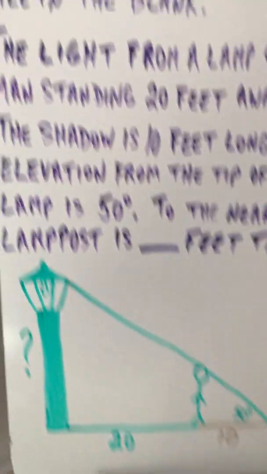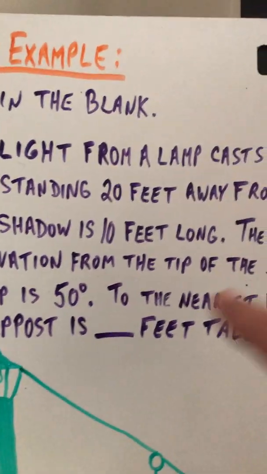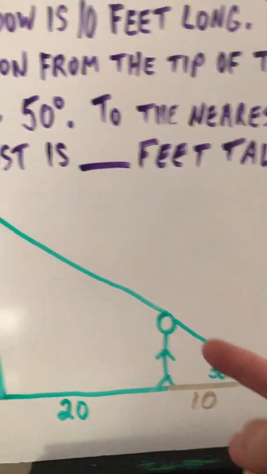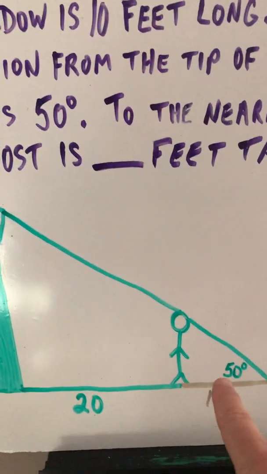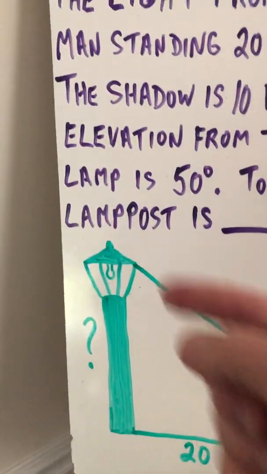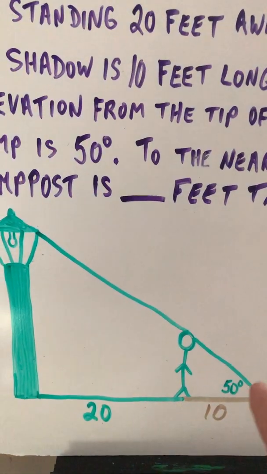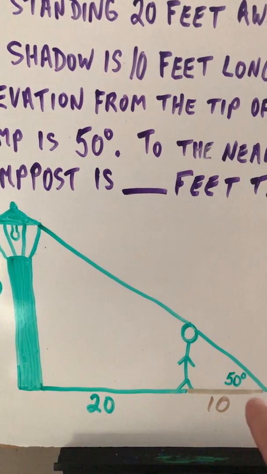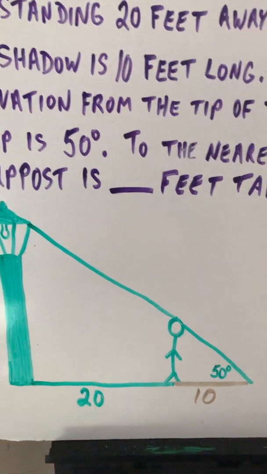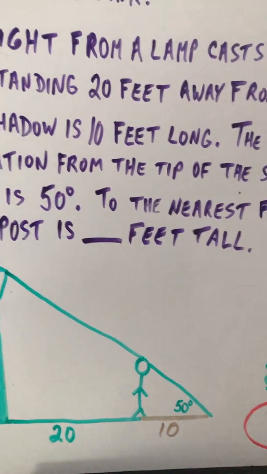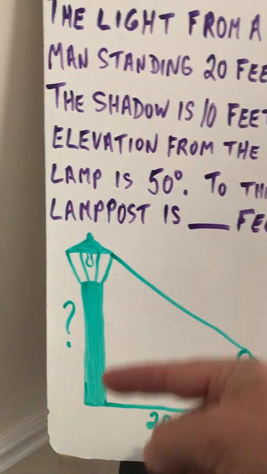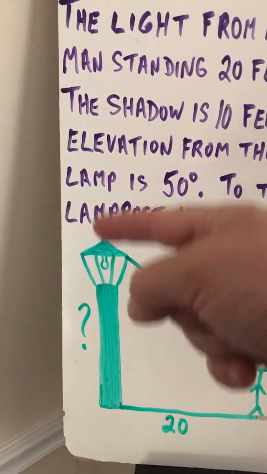And it says the angle of elevation, once again, here's elevation going up. 50 degrees is my angle of elevation. To the nearest foot, the lamppost is how many feet tall? So what's this height?